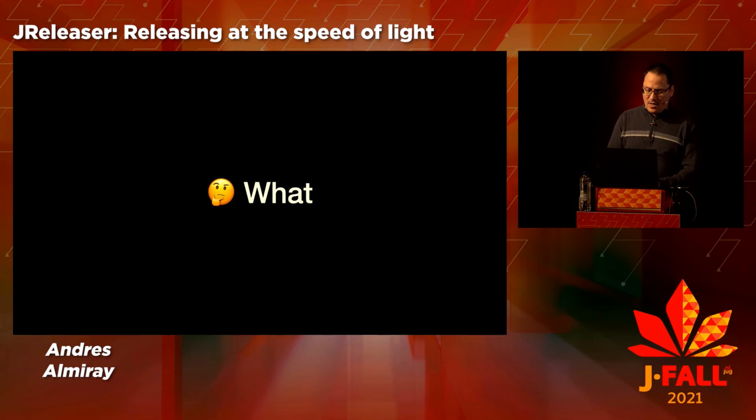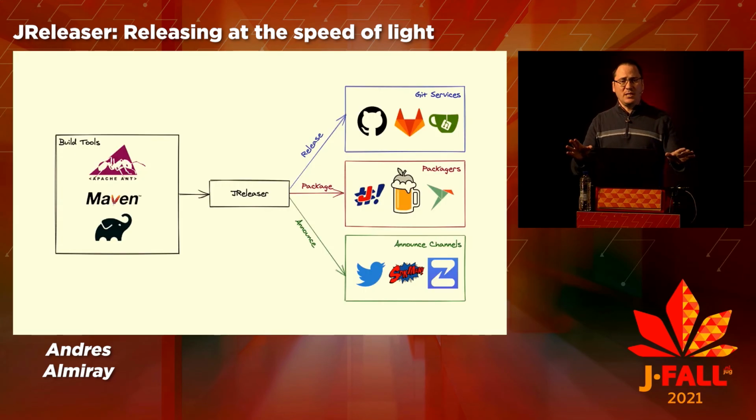So what it is, basically, you keep using the build tool that you use already, be it Maven or Ant or Gradle or what have you. You keep producing those binaries and those releases, and you supply those as inputs plus an additional metadata file that describes what you want to do with this project.